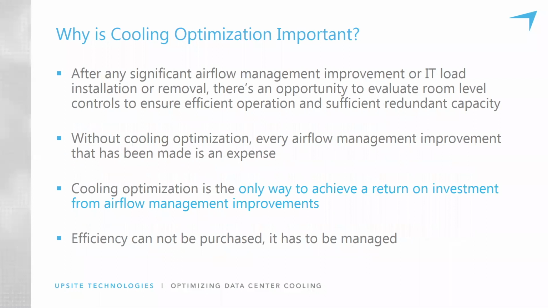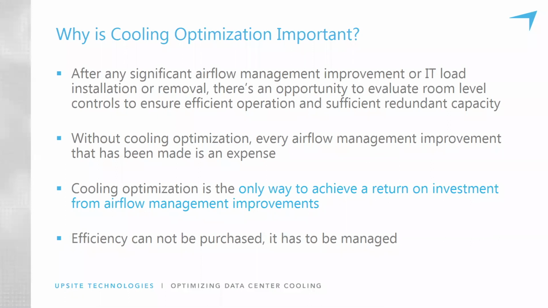It's often when equipment leaves a room that optimization potential is there. Without cooling optimization, and I'm going to keep beating this home, airflow management improvement is largely an expense. It's making those adjustments that achieves the benefits. Efficiency can't be purchased. It has to be managed, and intervention has to be done.